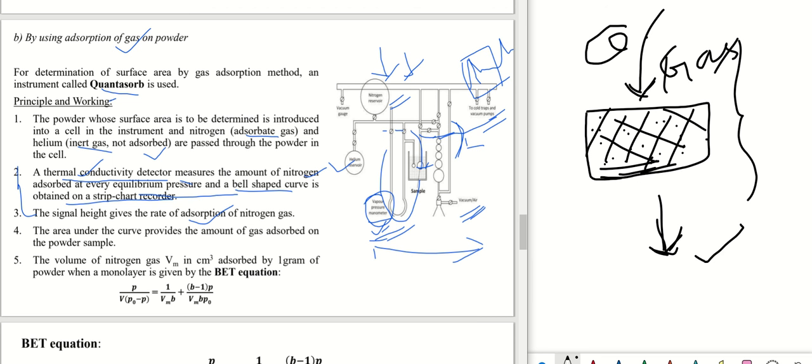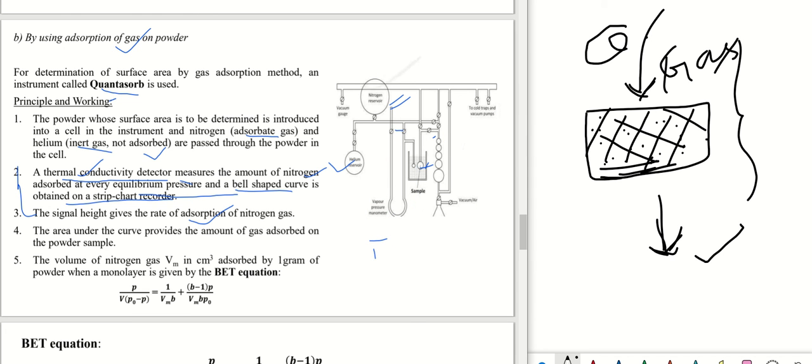Okay, now let's see. When this instrument is connected to a monitor, say this is a monitor, from this monitor we'll be able to see some signals. How can we interpret the signals? The signal height represents the absorption rate of nitrogen gas, and we need to know how much gas has been absorbed.